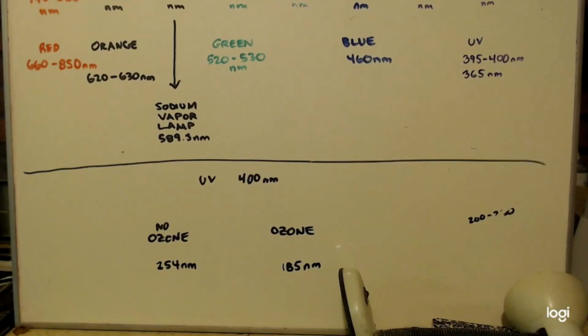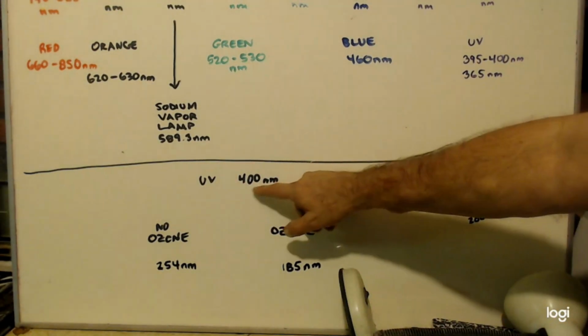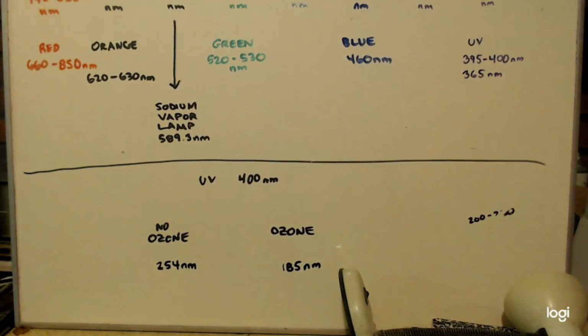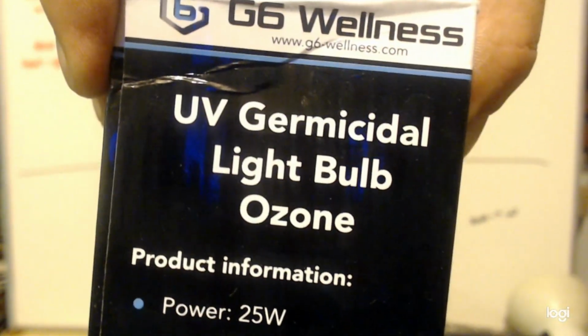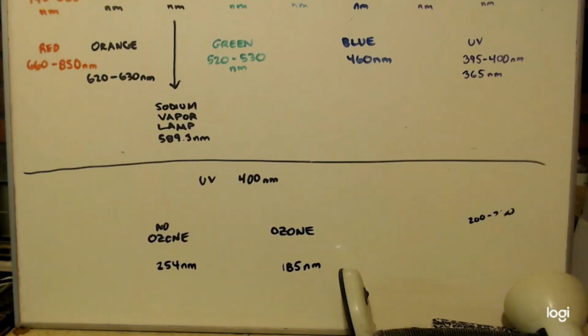But now, when you get up into stronger lights, meaning UV, either 400 nanometers or shorter, now you're talking about germicidal light bulbs. You've got two kinds: the no-ozone and the ozone.